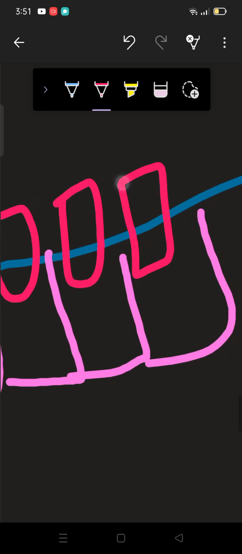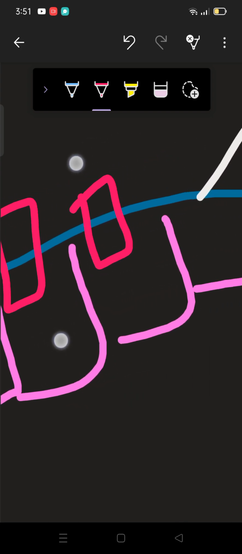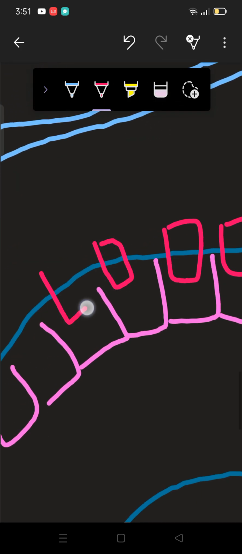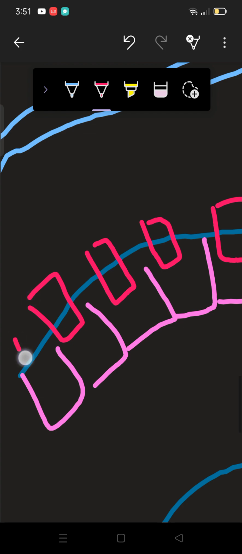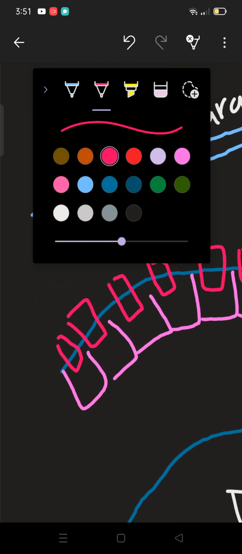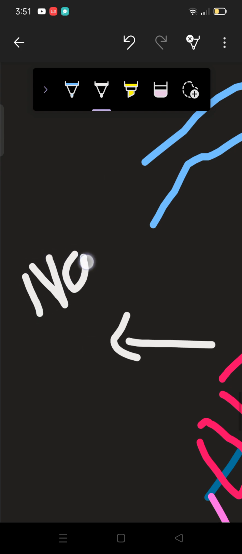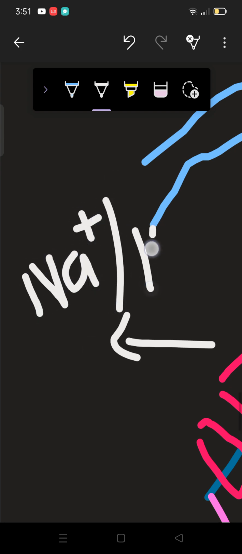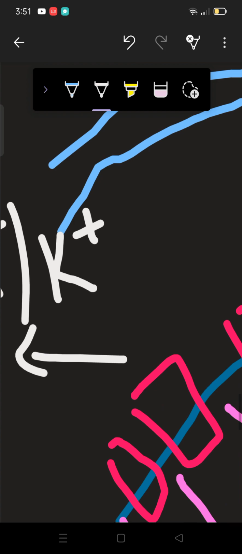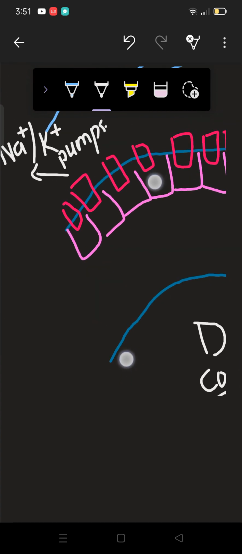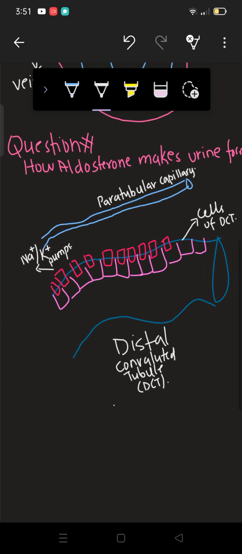So these are all increased, and these are all sodium potassium pumps in the cells of DCTs. So let me write this as well. These are sodium potassium pumps.